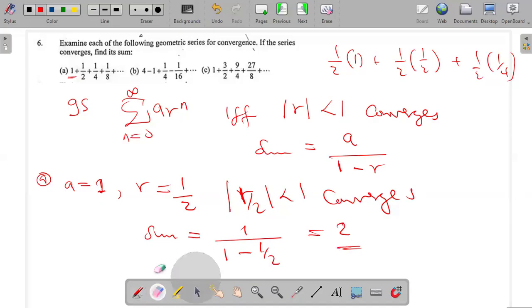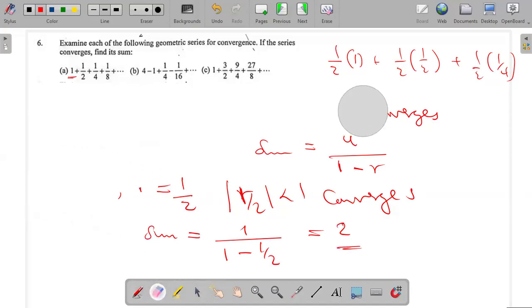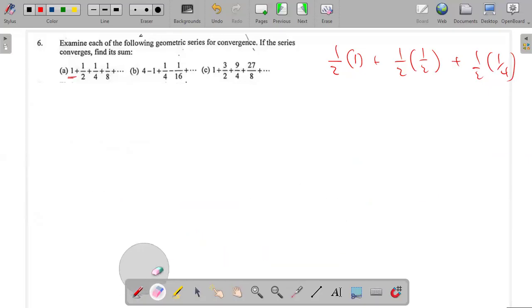Okay, next let's see what others have to offer for us. Again, the first term is 4. This here is how they are moving, and the sign is alternating. It's an alternating series.